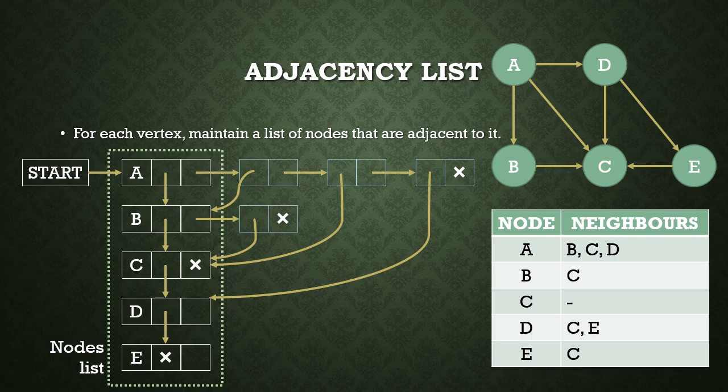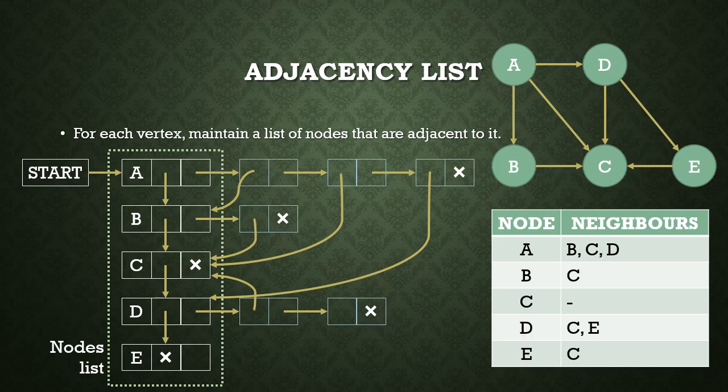Move to the node containing D. This has two edges, so the adjacency list pointer points to a two-field data structure. Its first field points to C because this is an edge from D to C. Its next field points to another two-field data structure.